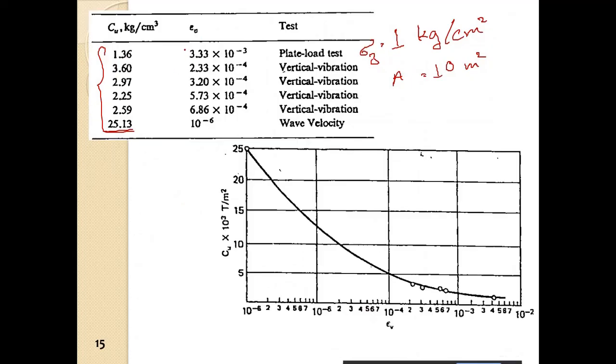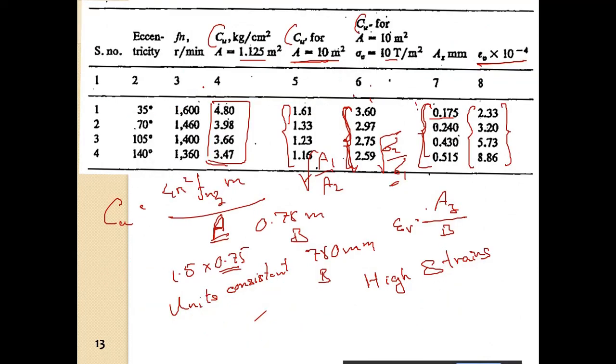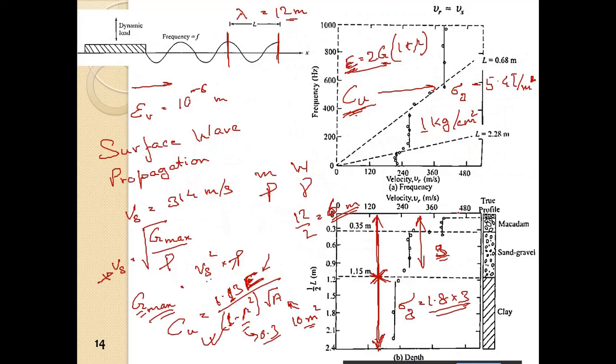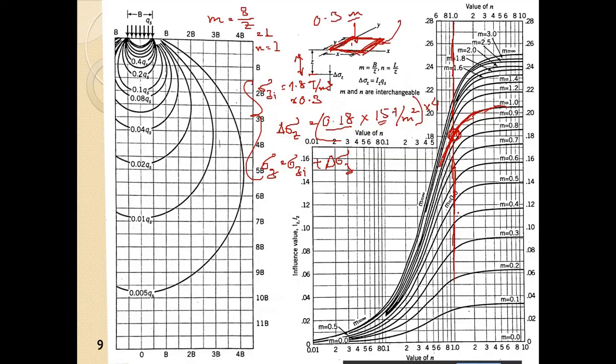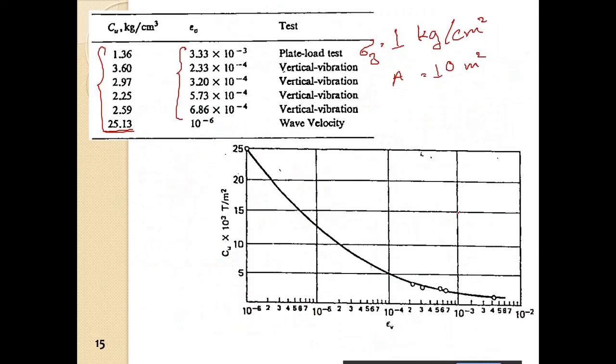And these are the strain levels. The strain levels have already been calculated and are shown here. How do we calculate them? This is Az by B, plotted there, and here from the plate load test it is obtained. Here we consider EV to be 10 to the power minus 6.